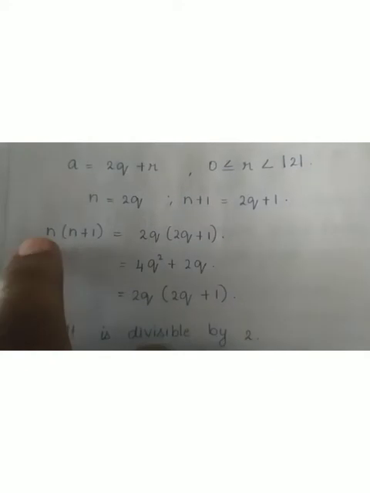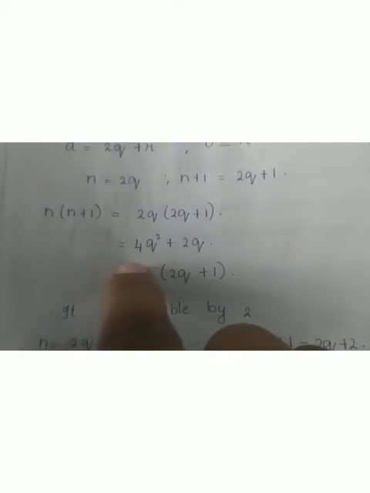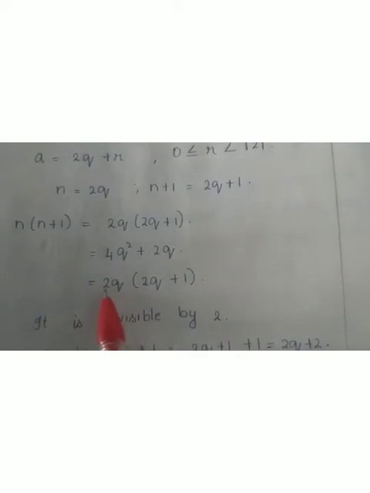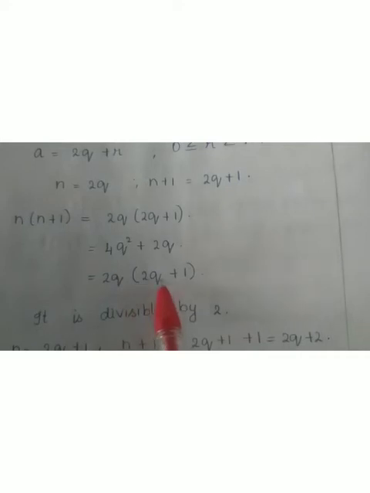The product of two numbers n into n plus 1 means 2q into 2q plus 1. So 2q into 2q, 4q square, and 2q into 1, plus 2q. Here, what is the common factor? 2q. So I take out 2q from the terms, 2q into 2q plus 1, which is divisible by 2.